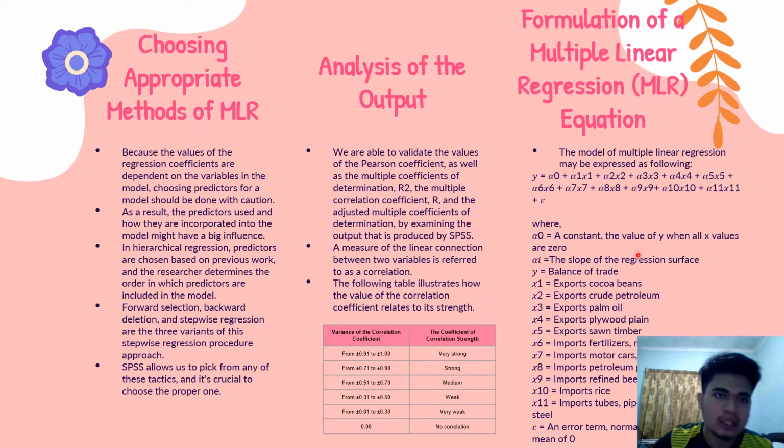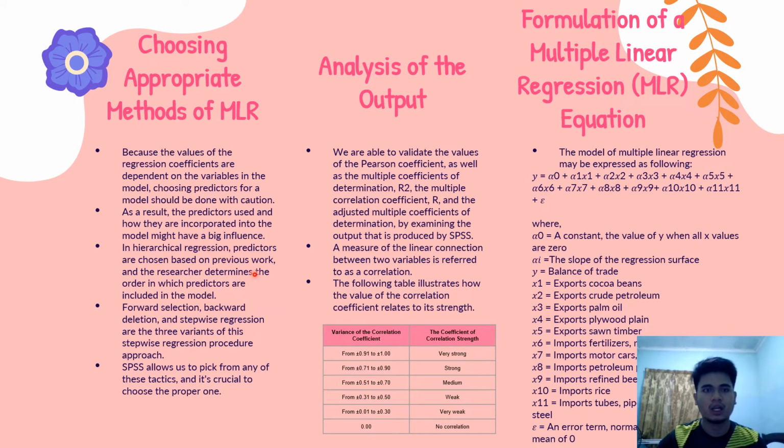Next, choosing the appropriate method of MLR. Because the values of the regression coefficients depend on the variables in the model, choosing predictors for the model should be done with caution. As a result, the predictors used and how they are incorporated into the model might be influenced.